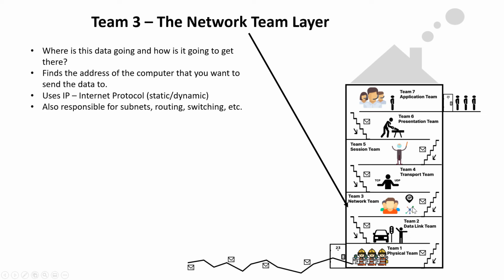So this is the address of that specific computer on the network, to make sure that this data is going to the right computer in this network of billions of computers. And this network team is also responsible for sub-networks, routing and switching, basically just making sure that there's a path for the data to be sent to the specific address.